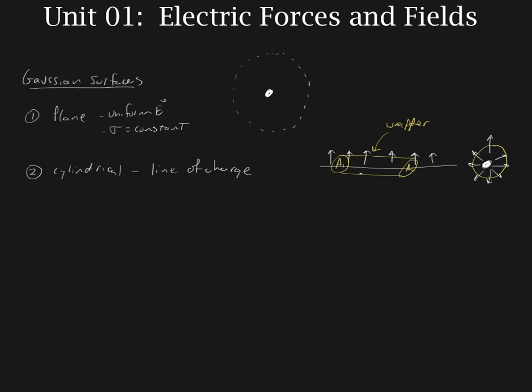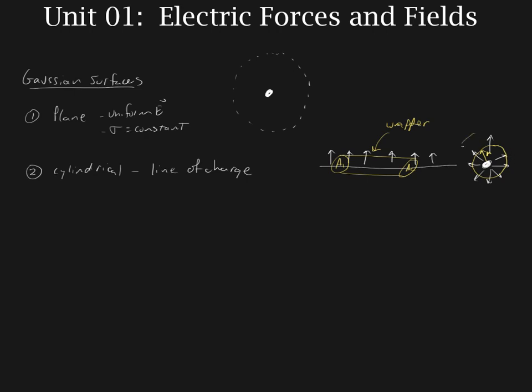But the important thing to notice is that as you get further away from the line of charge, the field is getting weaker, as indicated by these field lines getting further and further apart. So the density of field lines is decreasing. And everywhere a certain distance from that charge, so if we just go out to some radius little r from our line of charge, everywhere along that line the field is going to have the same strength.